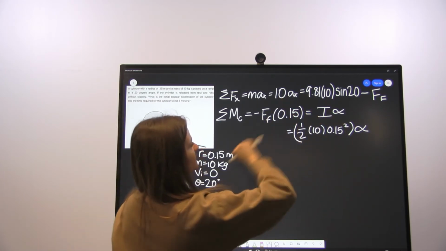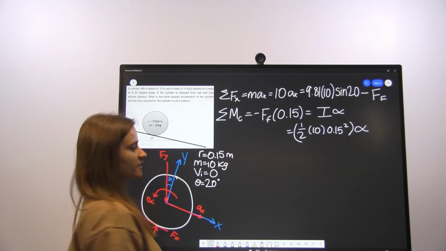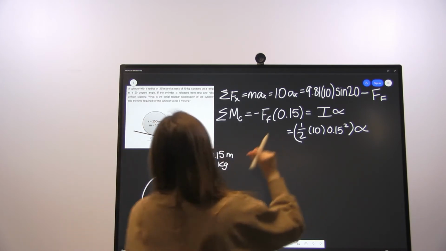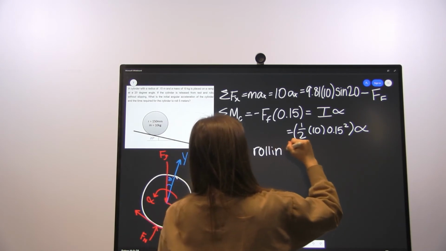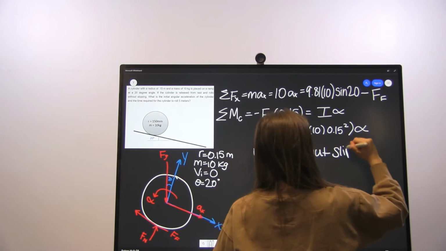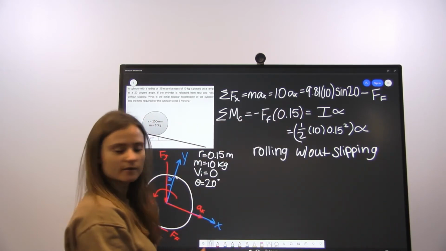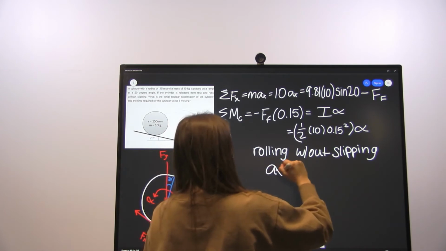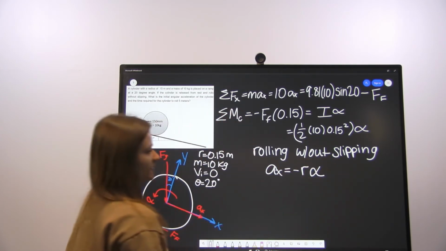So we're going to put a in terms of angular acceleration. Since this cylinder is rolling without slipping, we know that acceleration in the x direction is equal to negative r times angular acceleration.